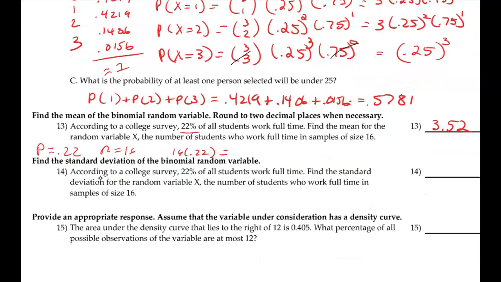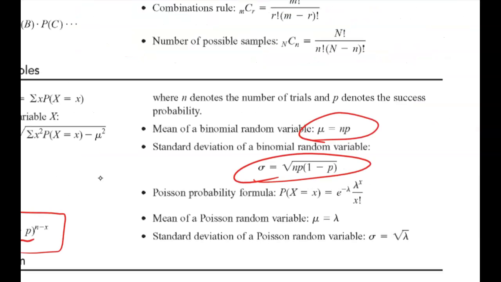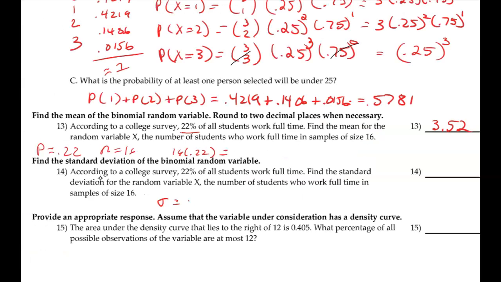And then the standard deviation, again, we are dealing with a binomial, so your standard deviation is the square root of NP times 1 minus P. So it's the square root of N times failures, which would be 7, 8. And that will get you your 1.66.